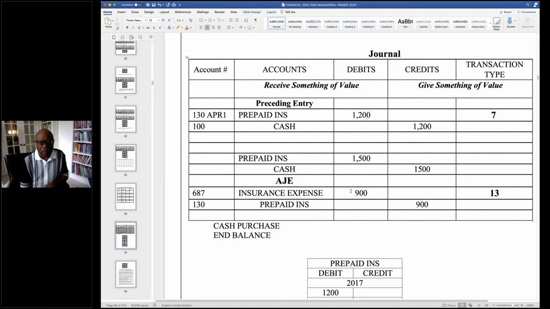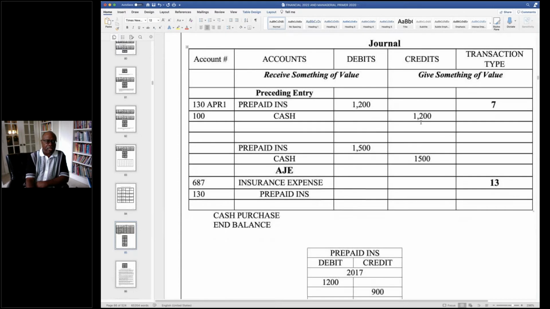So when we get ready to make that adjusting entry for the next year, how much is it going to be? This is April 1st of 2017, and now we're into 2018. So it changed to 125 a month instead of 100 a month. Right. We're in 2018.